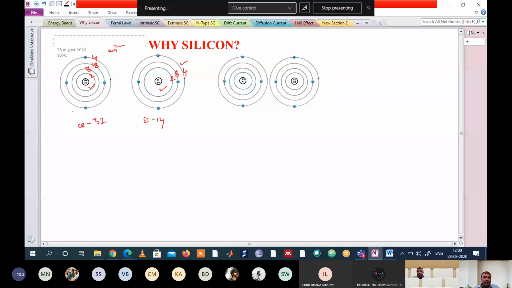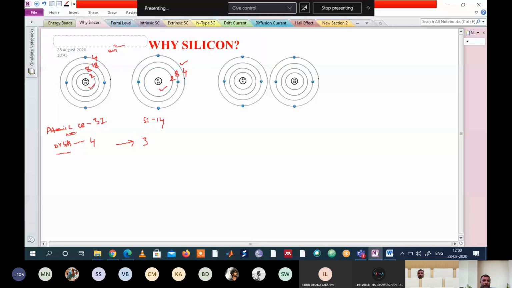Four orbits. How many orbits in silicon? Three orbits. This is the atomic number, and this is the number of orbits, 4 and 3. Both are called tetravalent because if the outermost orbit contains four electrons, those are called tetravalent devices.